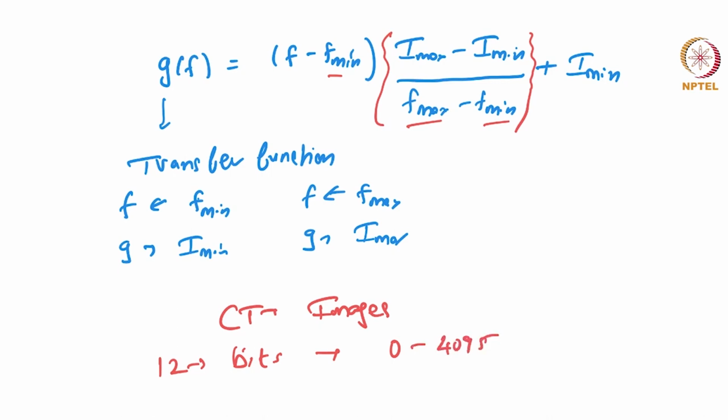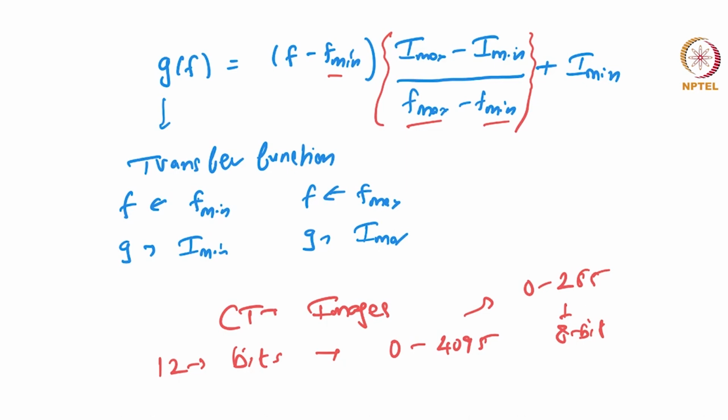This might be a very wide dynamic range wherein you might not be able to see very good contrast between, let's say, a lesion or a small tumor and the background. So you might want to map this into a slightly smaller range. Maybe you want to go to 0 to 255. This is the 8-bit range, where maybe you get better contrast. So this is one way of doing the transformation.